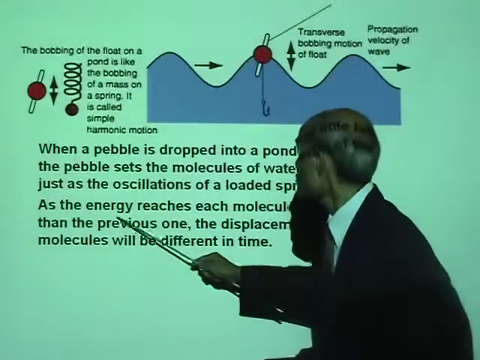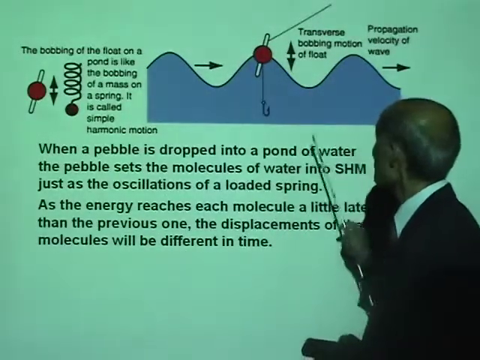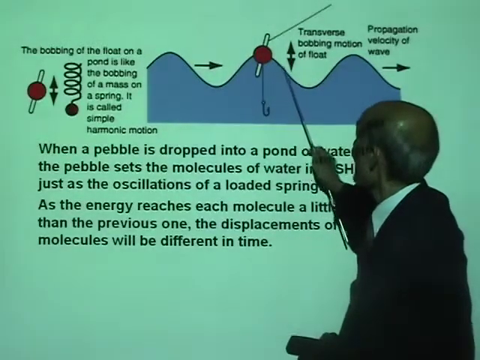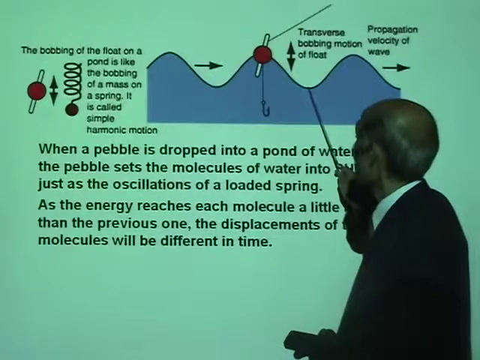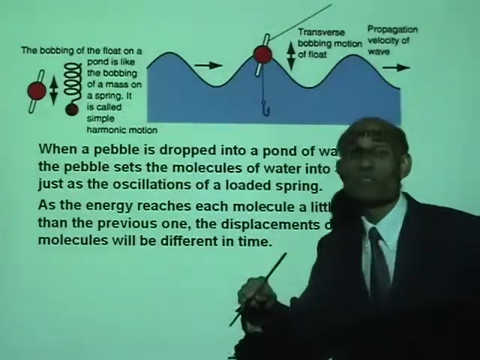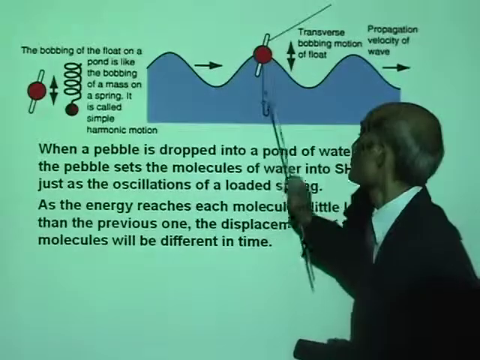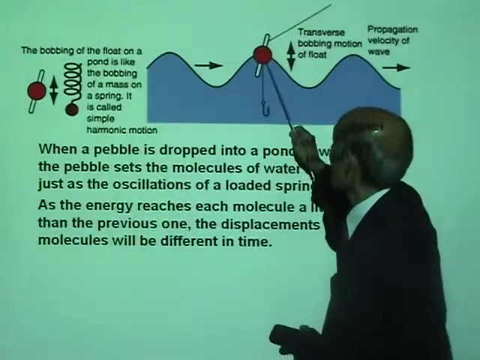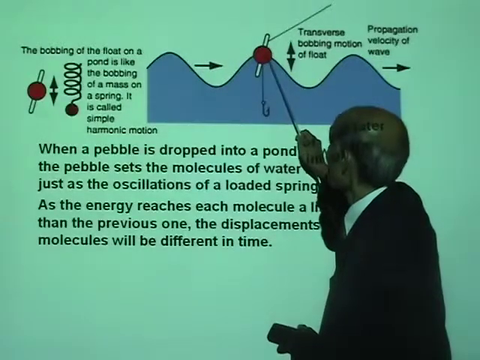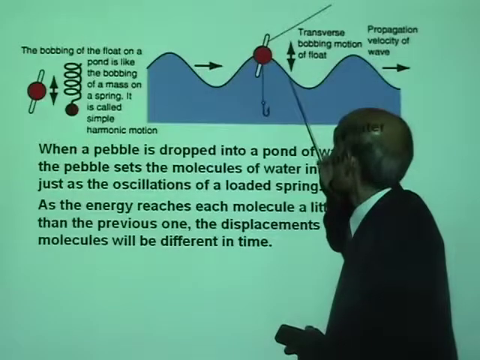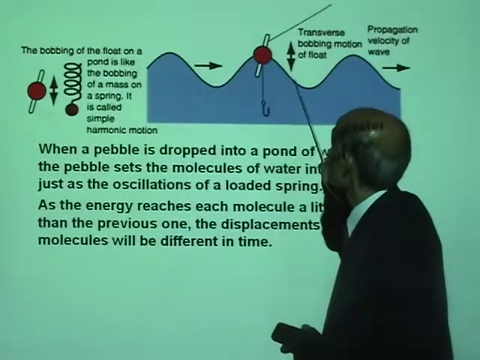Now, as the energy reaches each molecule a little later, the displacements of the molecules will be different in time. So, if a molecule here has reached all the way to the top, the energy of motion for a molecule like this has taken it to this position.